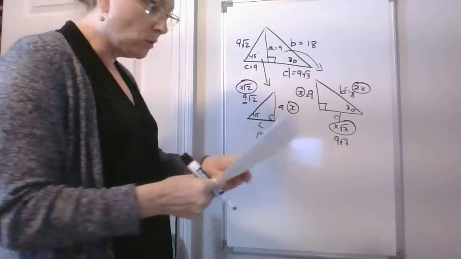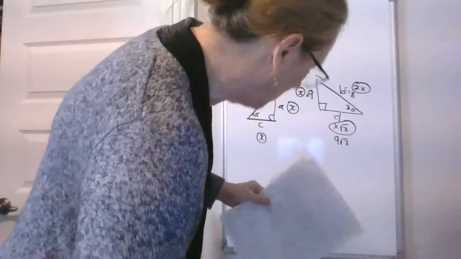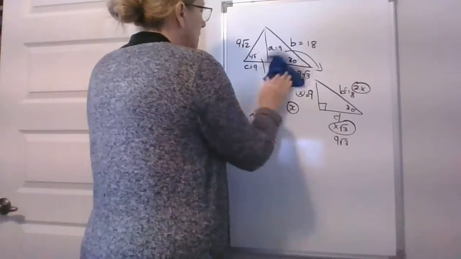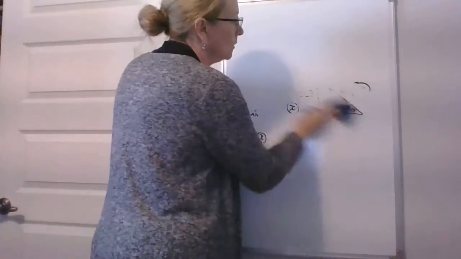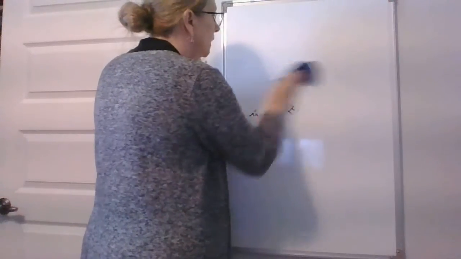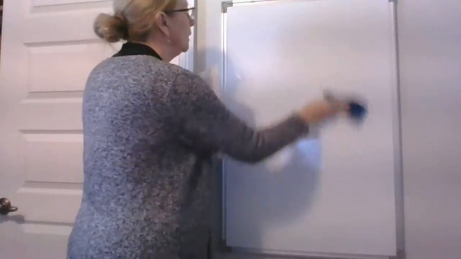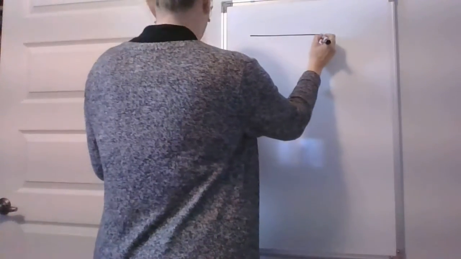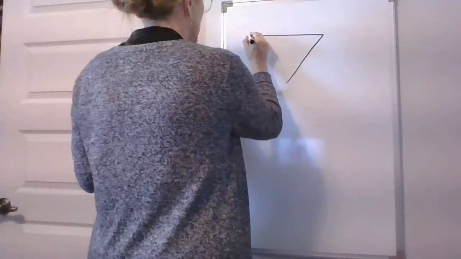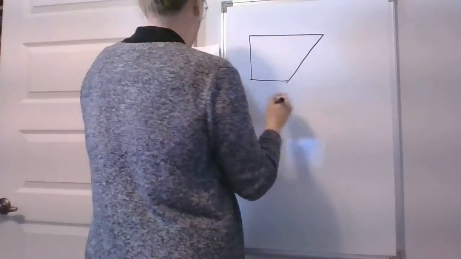All right, moving on to another problem. Again, it's going to have 30, 60, 90, but you're going to say, wait, where did that triangle come from? There was no triangle in the picture. It gives you actually a trapezoid looking picture, because we're used to seeing trapezoids now, like this.